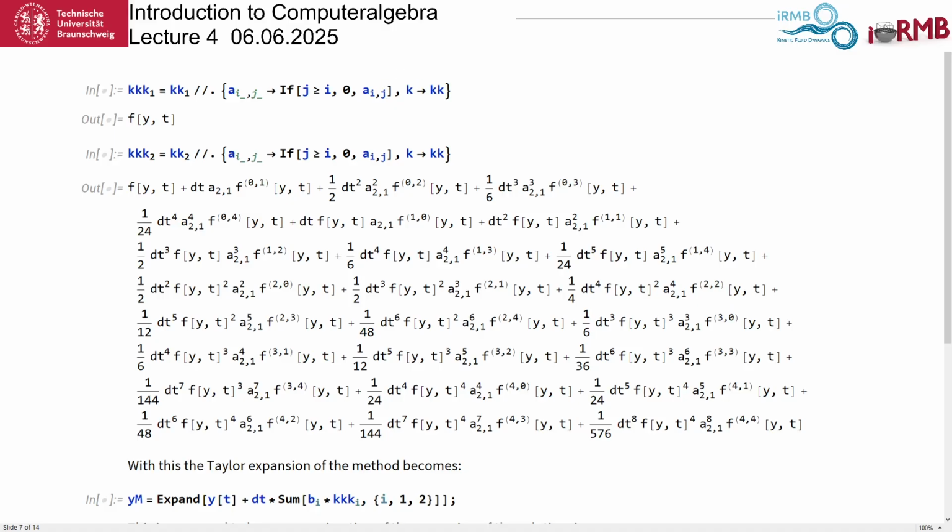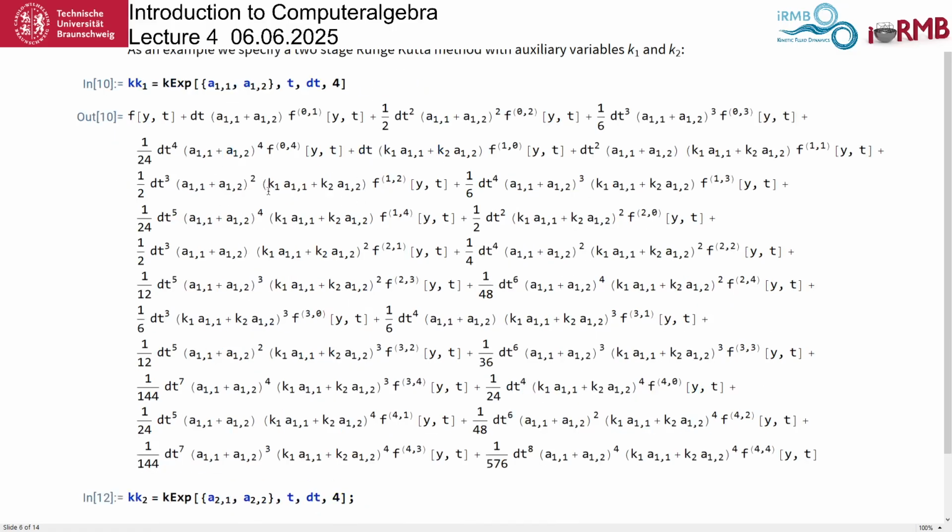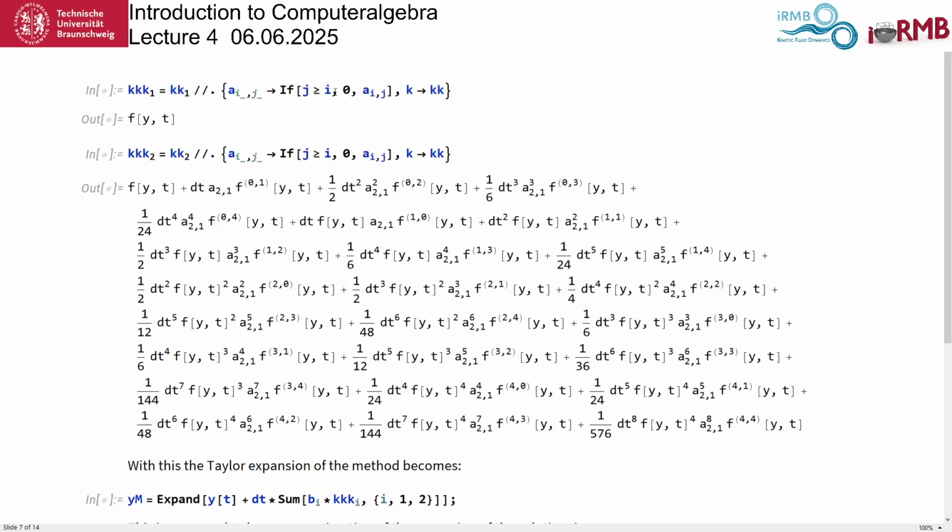So the meaning of this is, as you see, here we have the K's, and I will plug this definition into this here, after, that's important, after I removed this A11, because j and i would be larger or equal to 0.